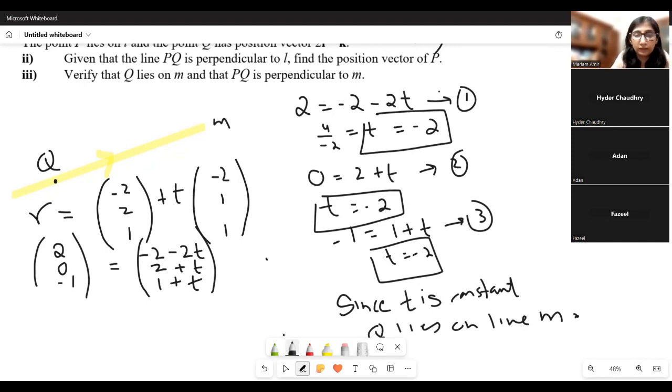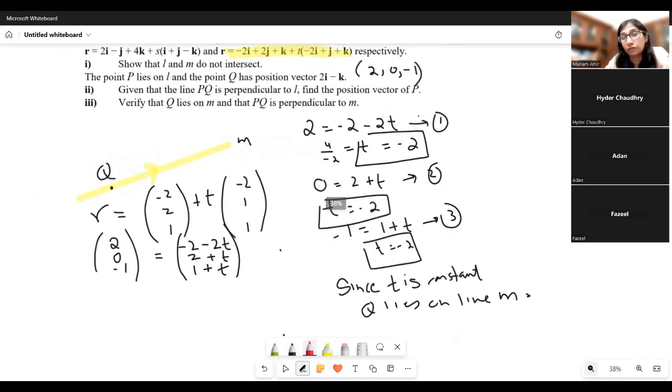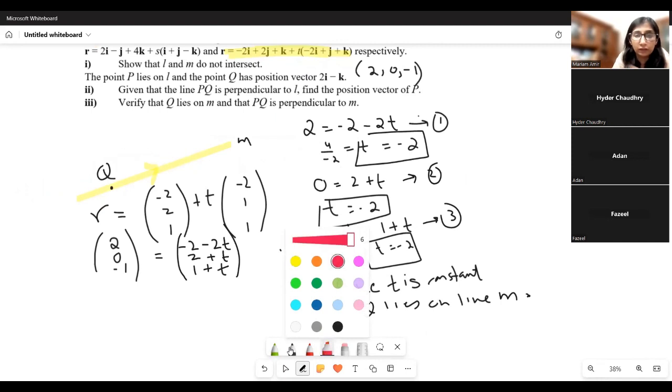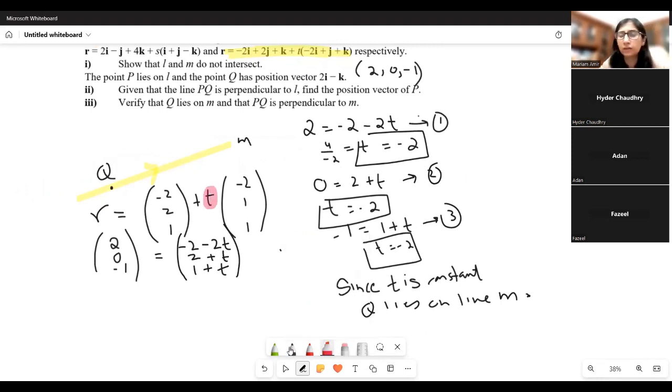What happens is that I'm just discussing some side theory since many of you were absent in the very first lesson of this chapter. Okay, होता क्या है कि अब Q के लिए T has a fixed value which is -2. So when T is -2, you get Q. अब यहाँ पे एक और point है, let's say T, capital T. For this particular point, there will be another one fixed value of T, for example, 7.